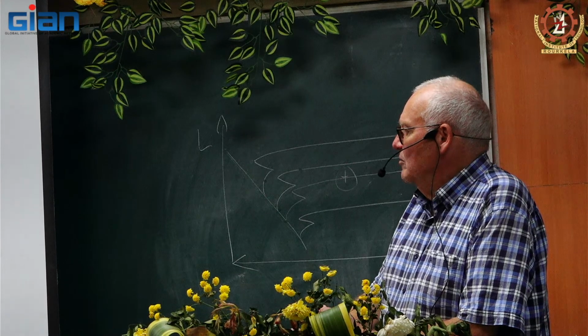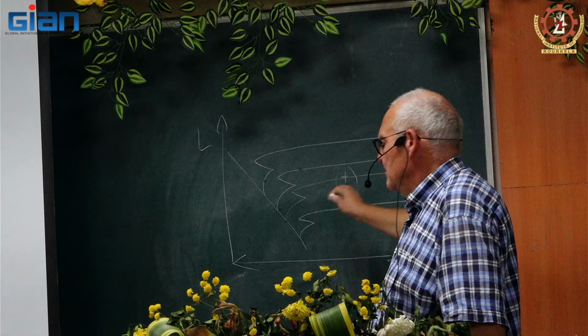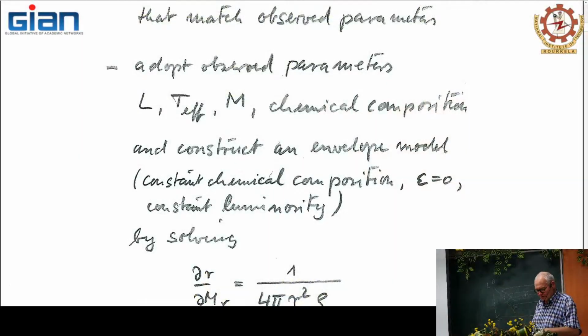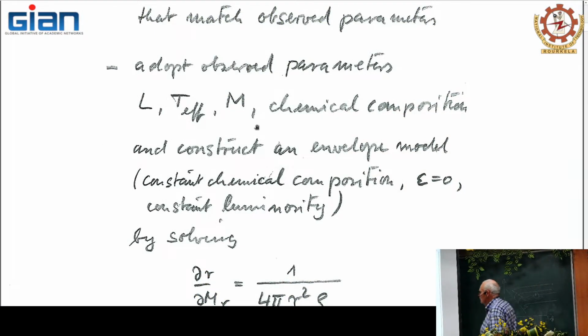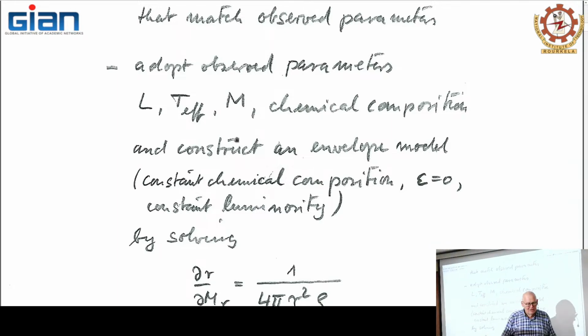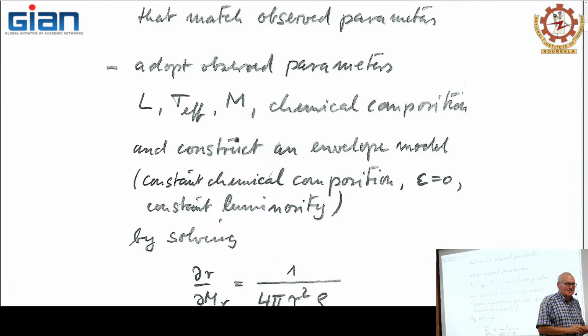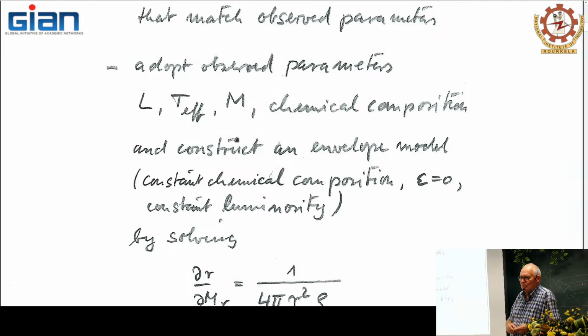The other way would be, when we do not have stellar evolution tracks available, we adopt the observed position in terms of luminosity and effective temperature, and in most cases the mass is the parameter which is not very well known.